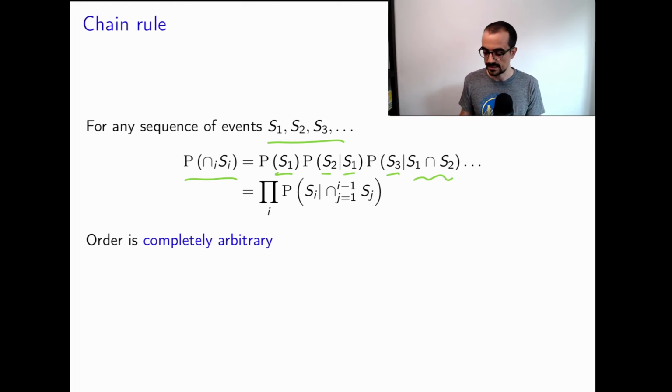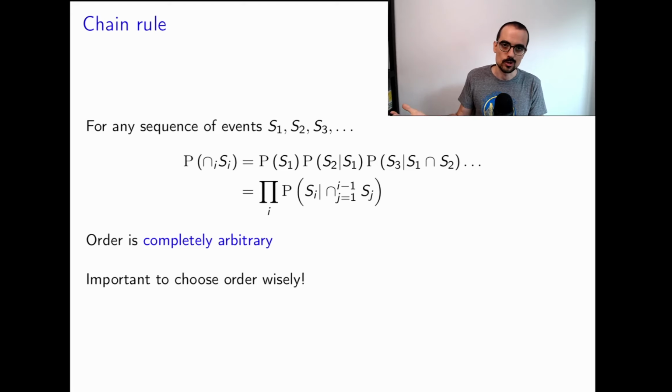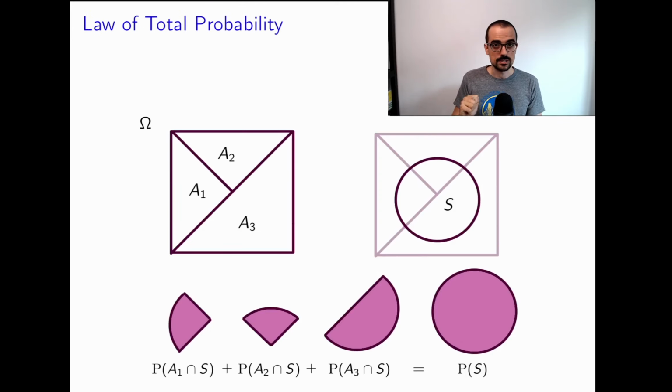That's the chain rule. It's very important to remember that this order is arbitrary. The reason it's important is that in probabilistic modeling and also homeworks, choosing the order wisely is going to be very important. So that was the chain rule.